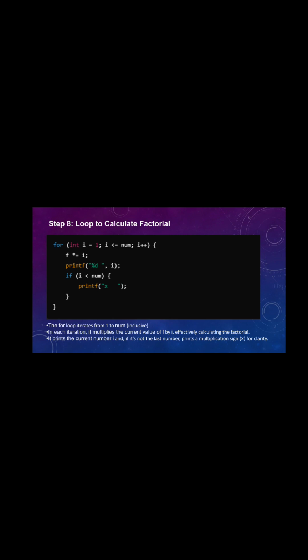It prints the current number i, and if it's not the last number, it prints the multiplication sign for the calculation.